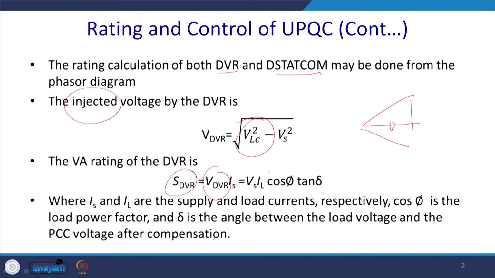Ultimately this is given by Vs IL cos phi into tan delta, where delta is the new angle between the voltage and current after compensation, Is and IL are the supply and load currents respectively, cos phi is the load power factor, and delta is the angle between the load voltage and the voltage after compensation. So, this will be the rating. You try to minimize tan delta, so that the rating of the DVR will come down.